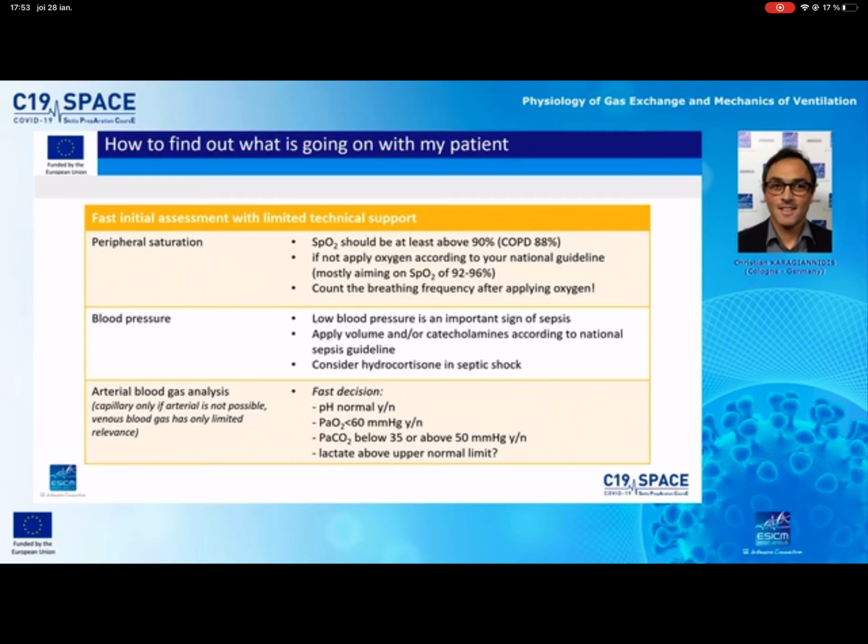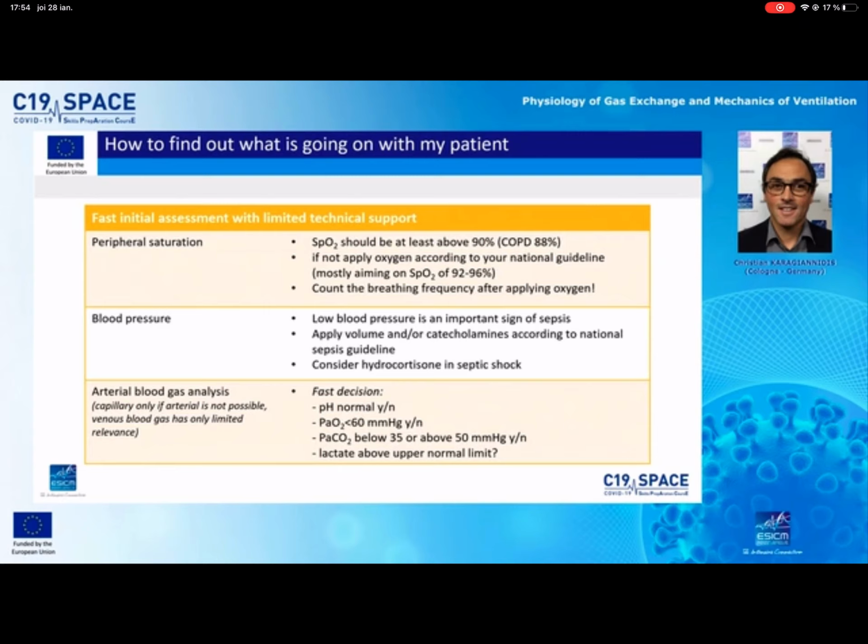If you have some limited technical support, the first point you should do in this patient is a peripheral saturation. And this should be at least above 90% to my mind, but this depends on your local guidelines. It may also be 92% or 94% in some countries. In COPD patients, we usually recommend a lower limit of 88%.